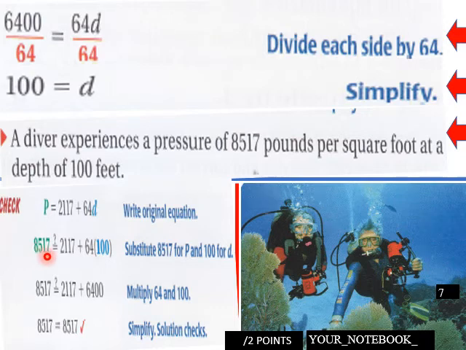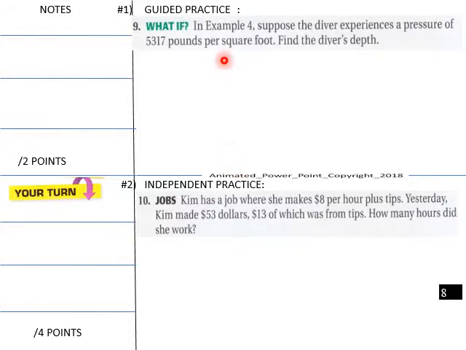Does that equal 8,517? And when we work it out here, it does indeed. 64 times 100 plus 2,117 does equal 8,517. So the solution checks.